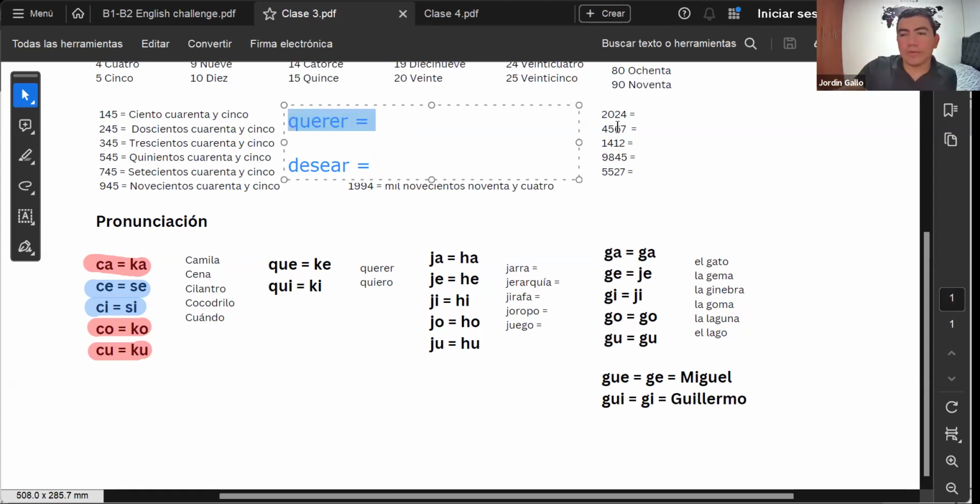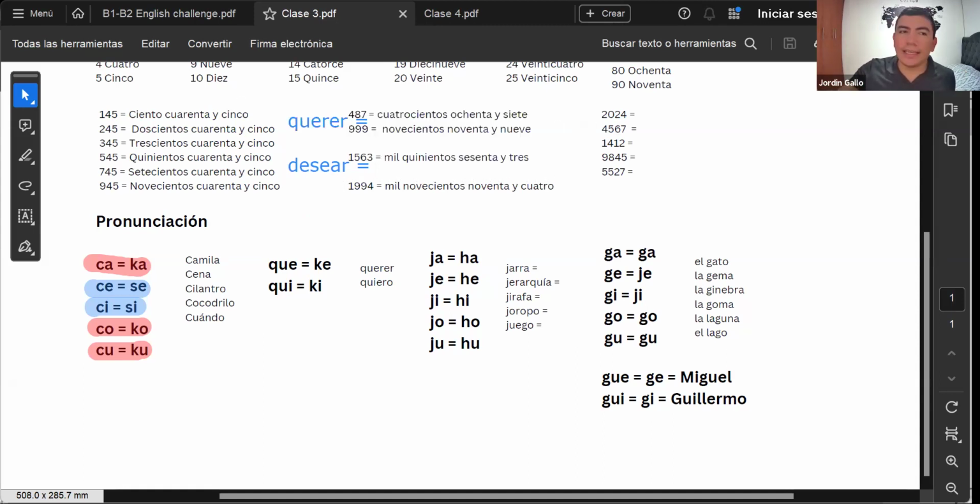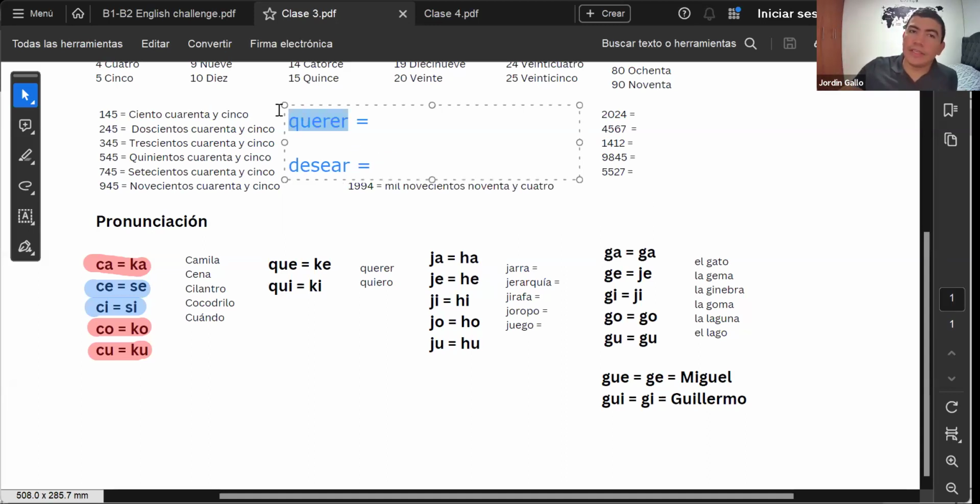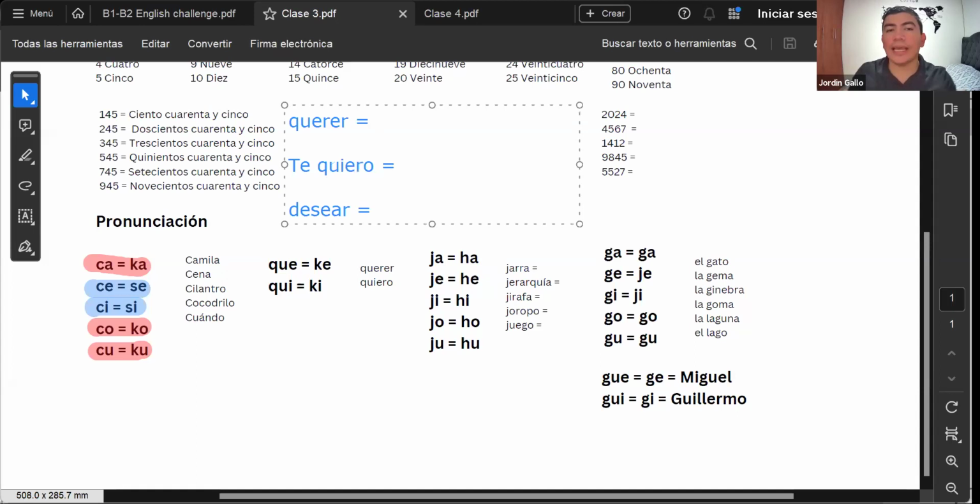Querer is just for a moment, when you want something. And desear is a stronger feeling. But querer is also to love. So people say, "te quiero." When people say te quiero, it's like when you say to one of your friends, "love you," okay?